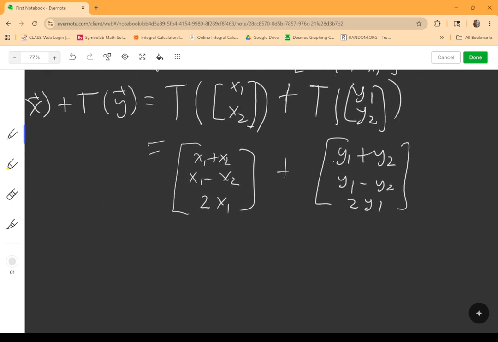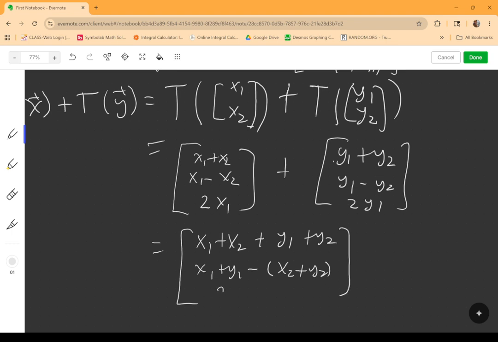Now we do the addition in R3 to get the vector with x1 plus x2 plus y1 plus y2, and rearranging, x1 plus y1 minus x2 plus y2, and twice x1 plus y1. We see that the structure holds. It doesn't matter whether I do the addition inside R2 or inside R3.